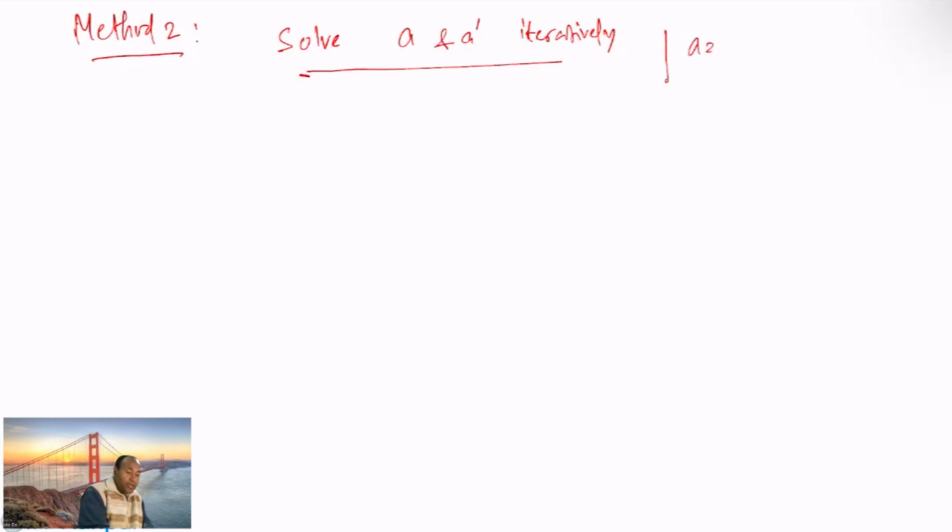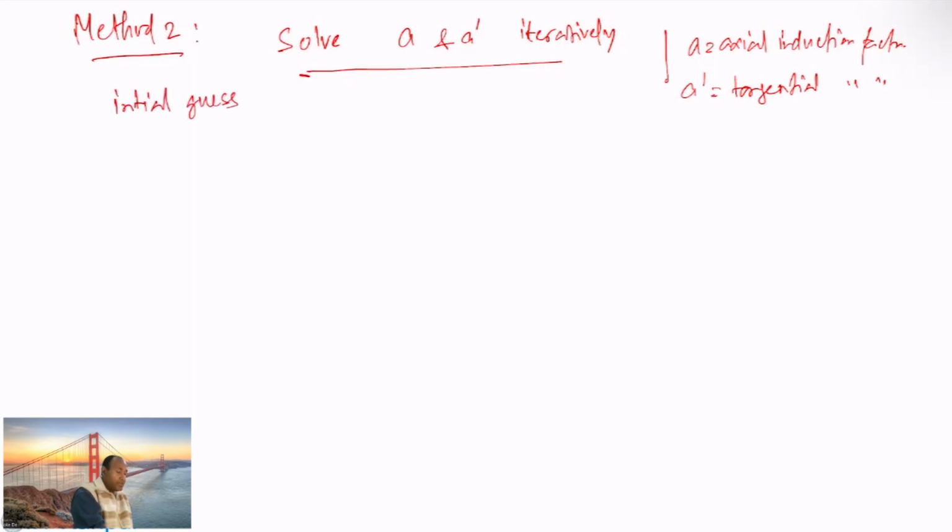Here a is the axial induction factor, and a prime is the tangential induction factor. So iteratively we try to solve that. But obviously when you iteratively solve, you need some initial guess.